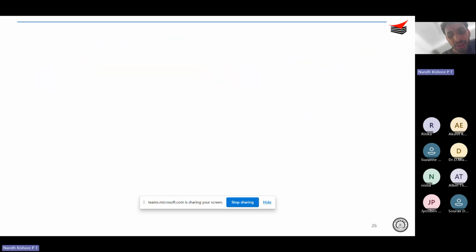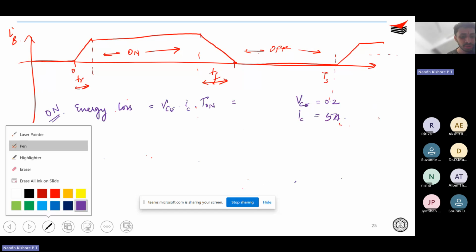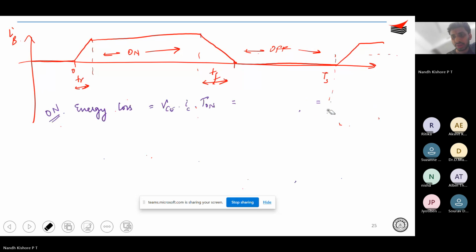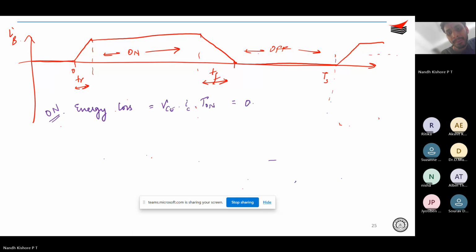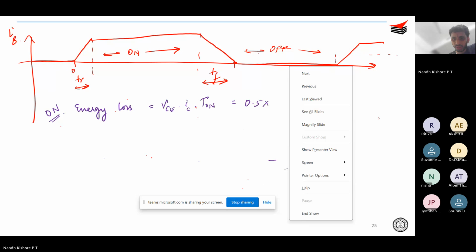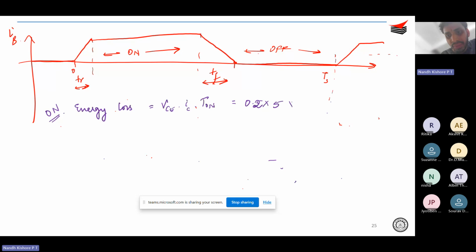So you'll find out how much microjoules it is. It will be 0.2 into 5 into 50 micro.